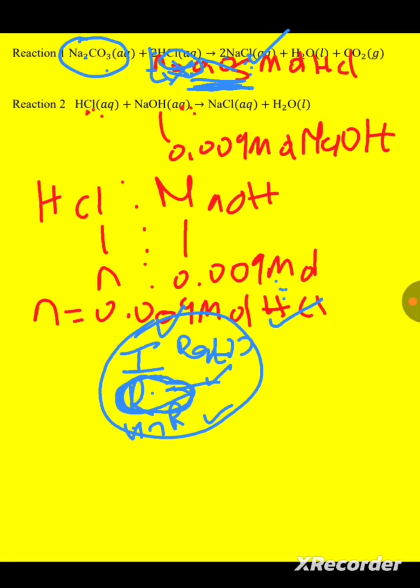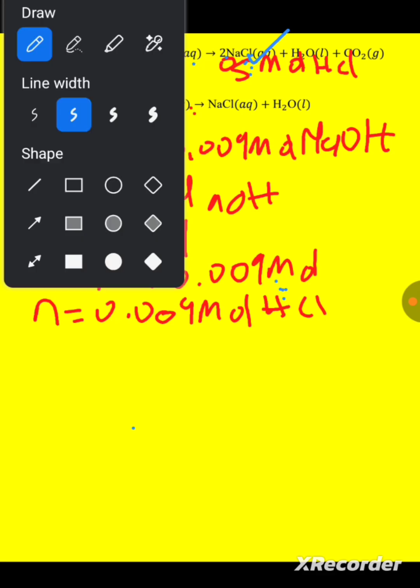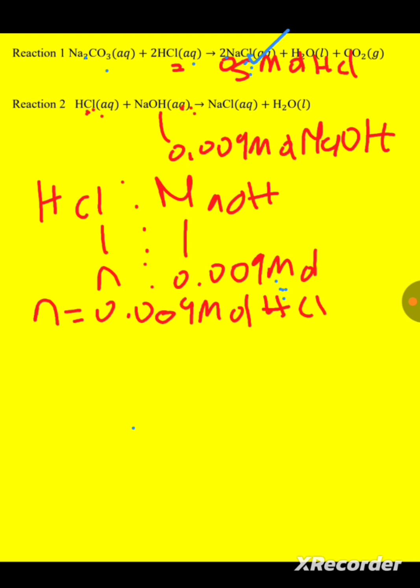So in summary, this is what you need to do for percentage purity. When you have two reactions, you get the number of moles of the substance that is repeating. Then, in reaction 1 and reaction 2, those number of moles that you are getting, you subtract them.